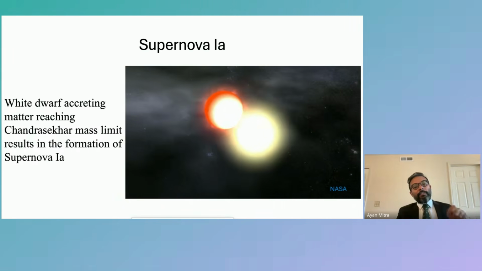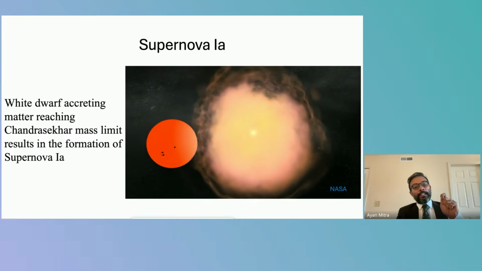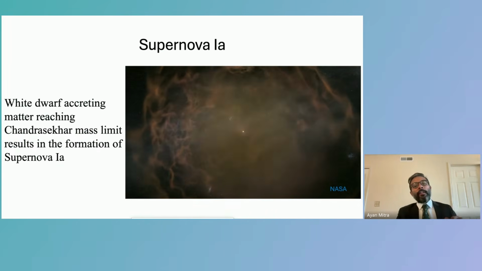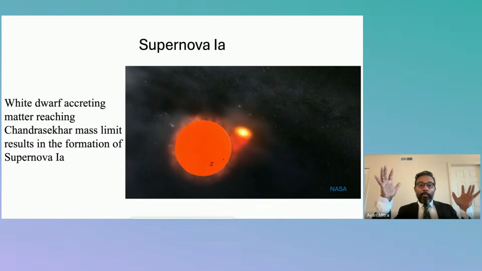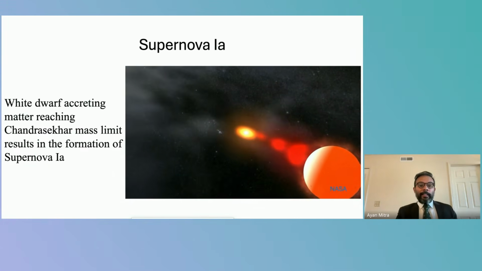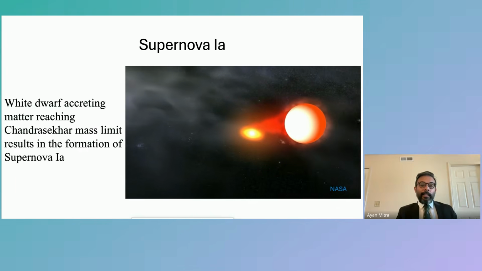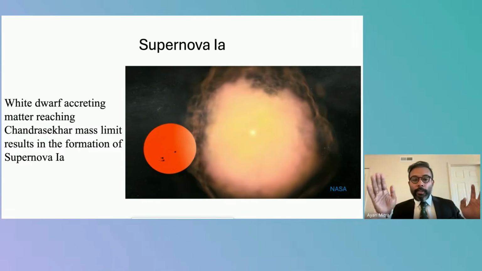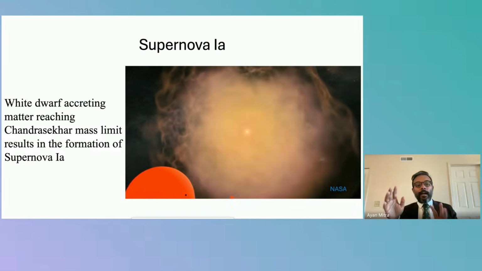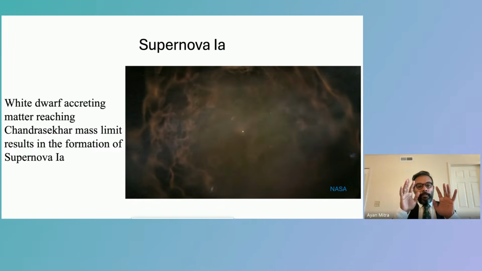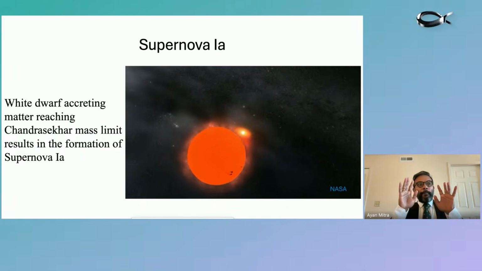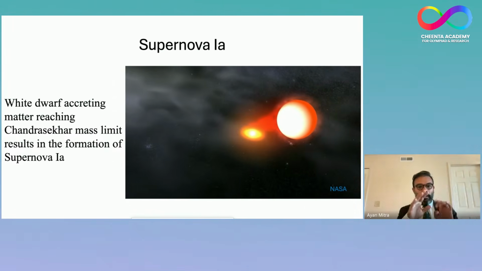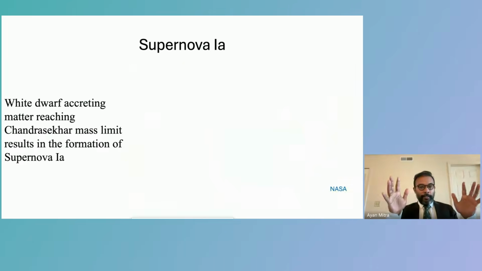A very interesting fact is that when this bursting happens and a supernova is born, the brightness is so great that it outshines its entire host galaxy. If you don't know the distinction between a galaxy and a star, millions and millions of stars and many other things together make one galaxy.